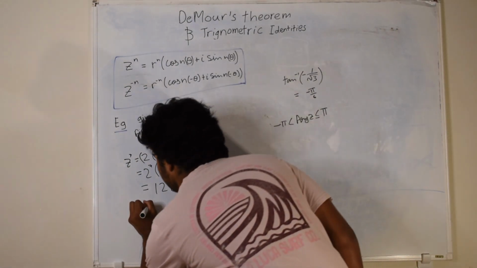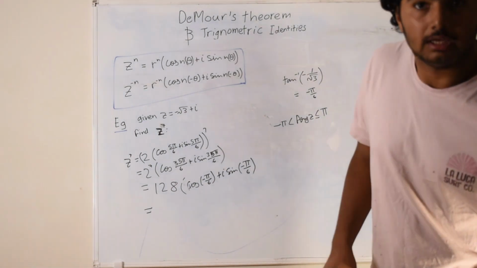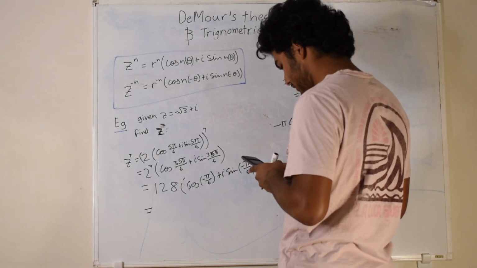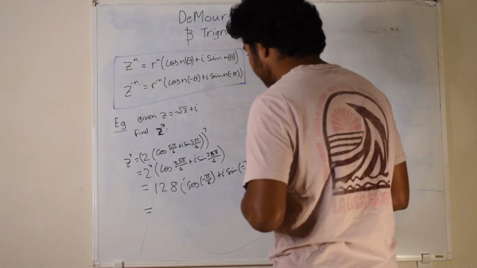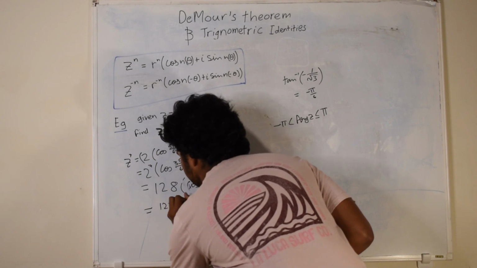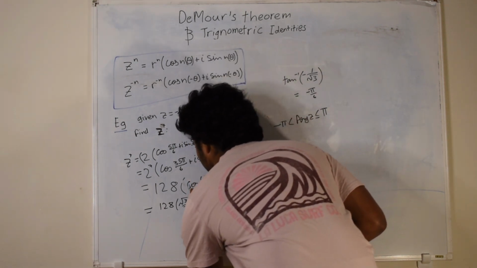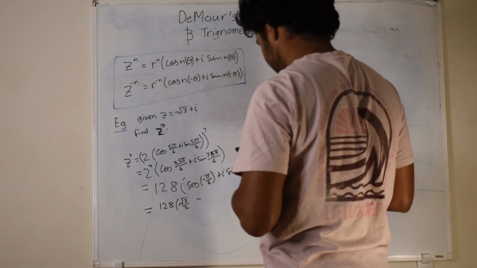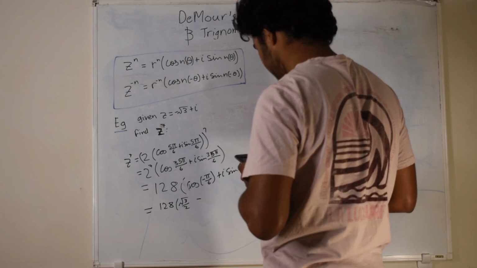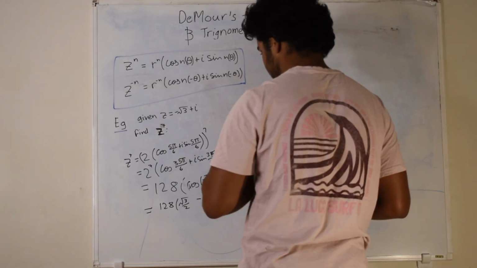From here, cos negative 30 gives root 3 on 2, so we get 128 brackets root 3 upon 2 minus, sine of negative 30, sorry, my bad, minus 1 upon 2 i.